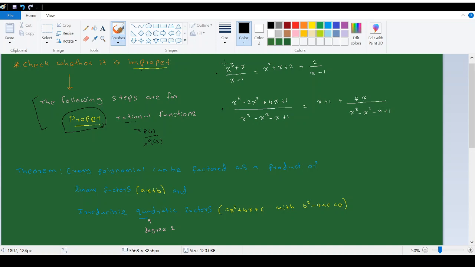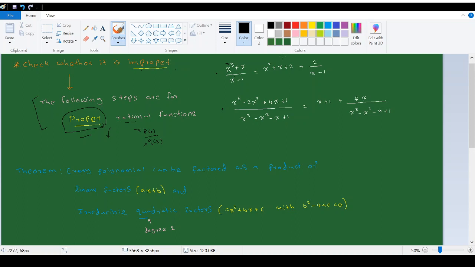If the degree of the numerator is greater, we call it improper, and if it is not, we call it proper. So these methods are only valid for proper rational functions.